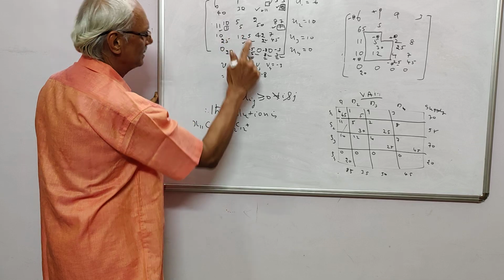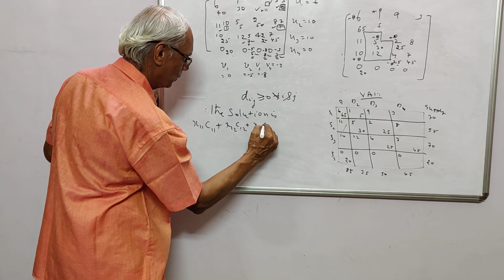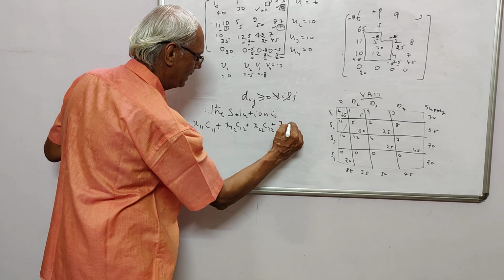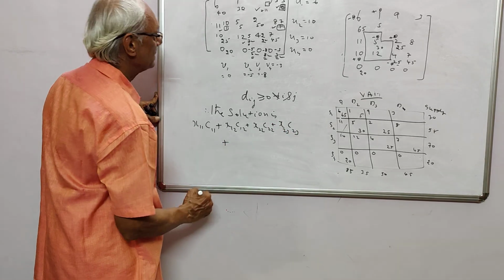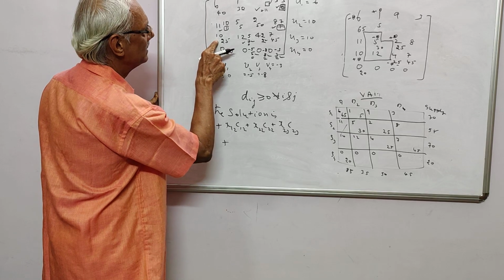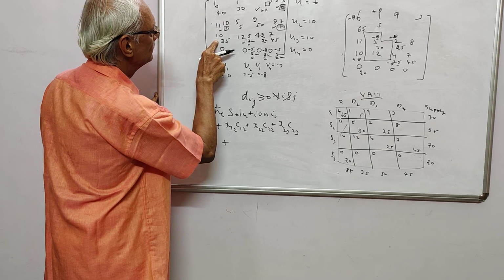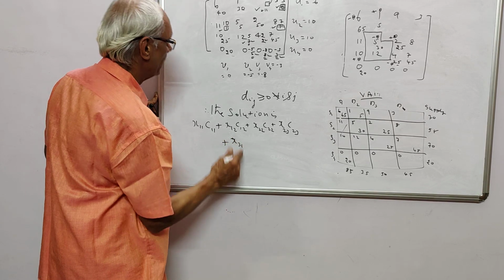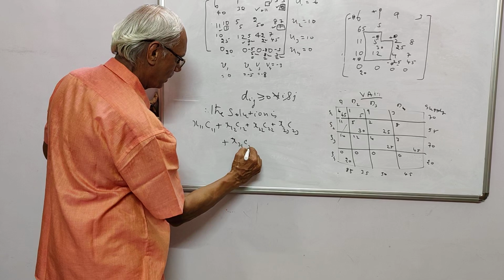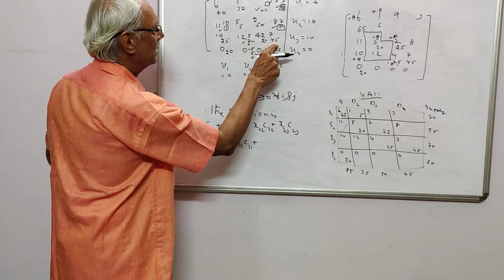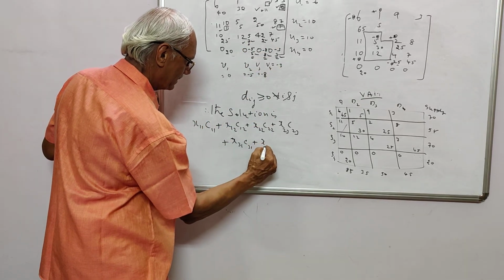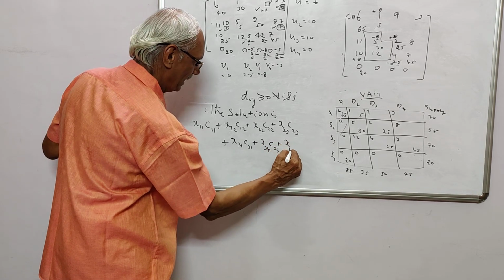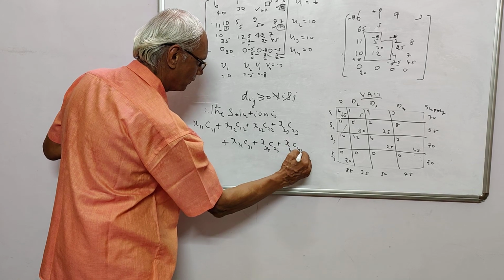Come to this, no, this is X22 C22 plus X23 C23 plus, come to this, this is X31 C31 plus, come to this, X34 C34 plus X41 C41.